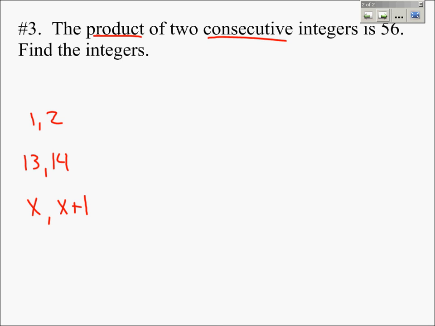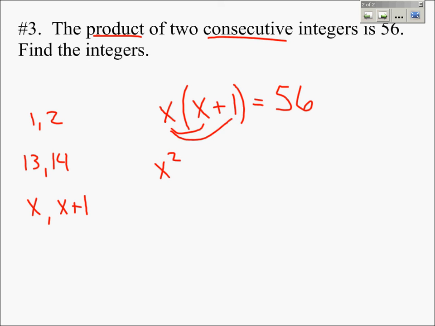And then the next thing said it was the product. Product means to multiply. So they were taking the first integer and multiplying it by the second integer, and that gave them 56. So that's how you set up this type of equation. Same process. Distribute: x squared plus x equals 56.